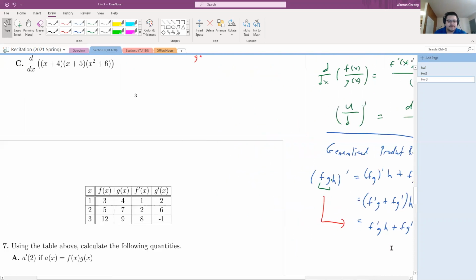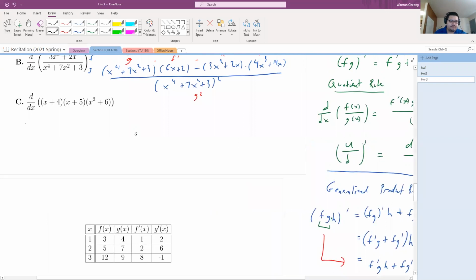All right. And so just using this idea, I can write immediately what the derivative will be for this problem. So first I'll take the derivative of the x plus 4. That'll just be 1. Do I want to write the number 1? Yeah, maybe. Why not? Just to show my work a little bit. Squared plus 6. And then, well, next I need to take the derivative of the x plus 5.